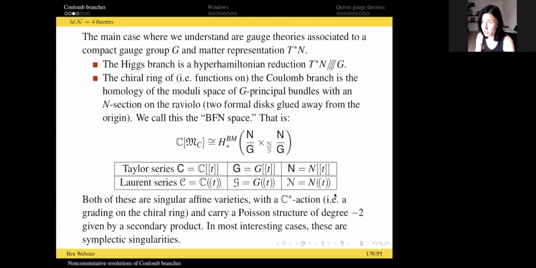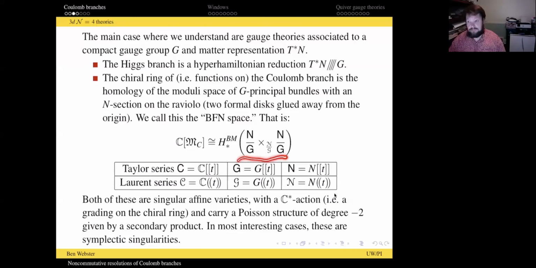Are we talking now about a very special C star action that scales the holomorphic symplectic form, or any one of the other C star actions that we have around? Well, here I'm talking about the action on this BFN space. So I'm looking at the homology of this BFN space.